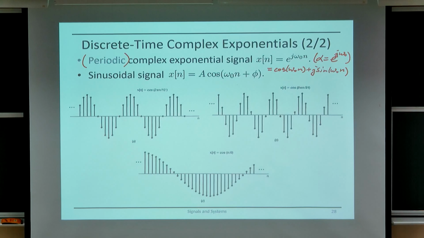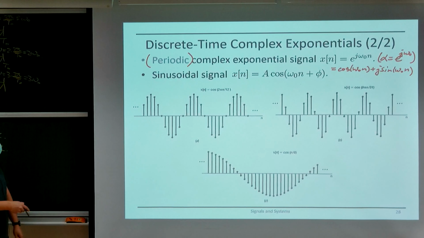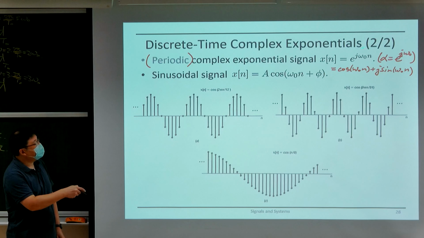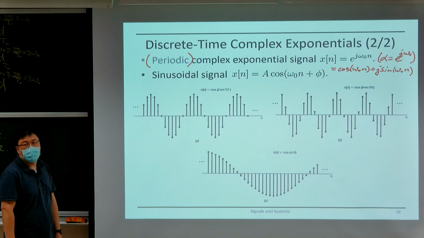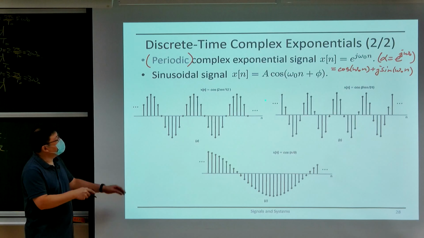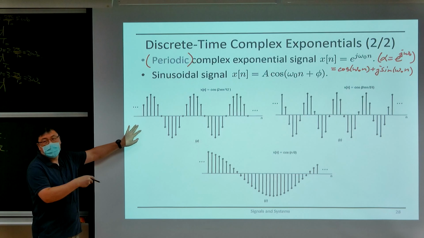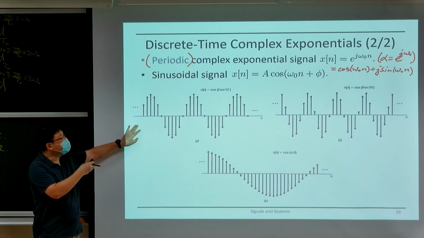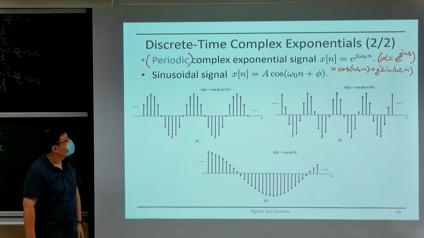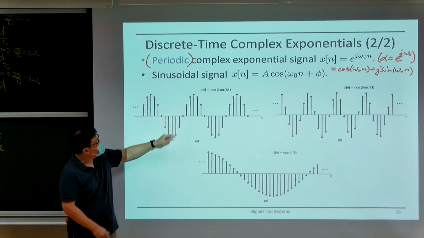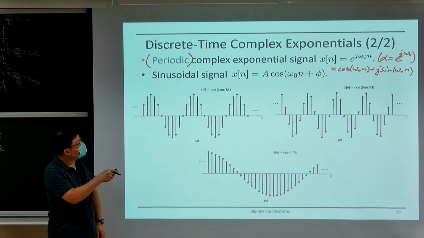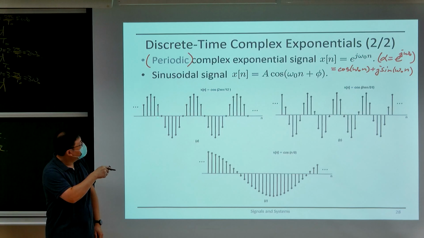When you look at this complex exponential signal or this sinusoid, you can actually view this as the sampling of a continuous time sinusoid that we talked about before. For example, if you look at this example where we have x[n] equal to cosine 2 pi n over 12, you can view this as samples of this continuous time waveform.